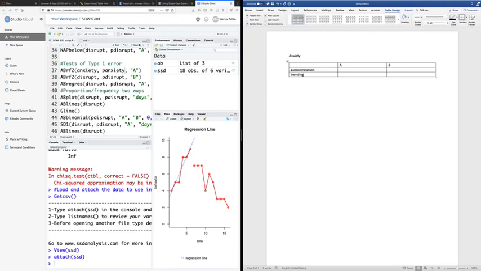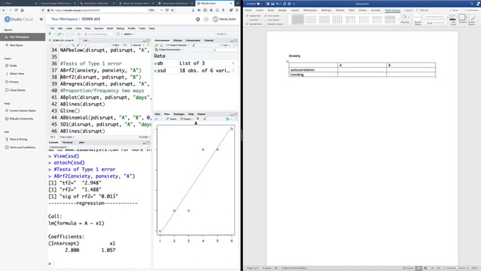Okay, so let's run this. This is autocorrelation for the baseline phase. And here we actually see that the autocorrelation is high and it is significant. So we're going to say high, significant, which we know is a problem.